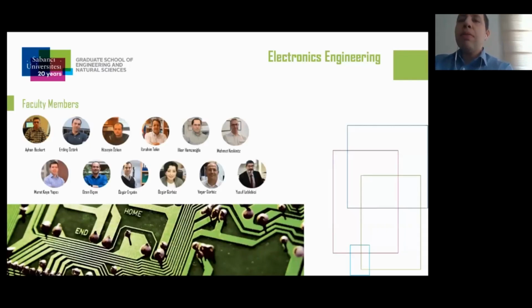Over here, you are going to see the different faculty members that we have. Starting with the alphabetical order again, Ayhan Bozkurt is working on digital systems as well as design and modeling of microelectromechanical systems and driver circuitries for that, especially in CMOS, capacitive micro-machined ultrasonic transducers.